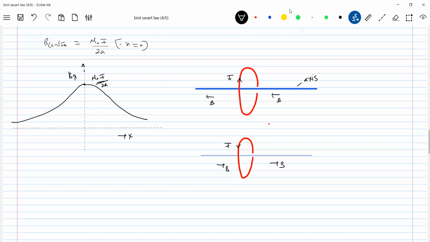Basically, how B bar due to a ring will be. So if I plot, even they may ask you a simplest question, which particular diagram represents B bar due to a current carrying ring?